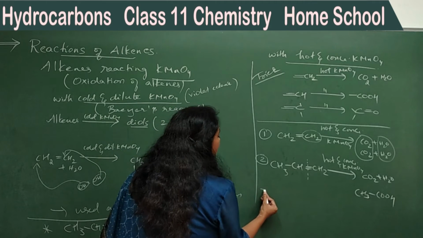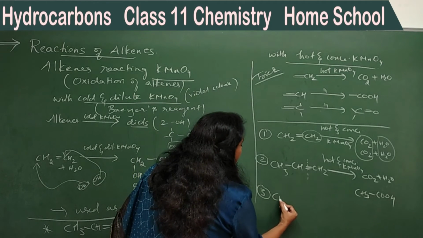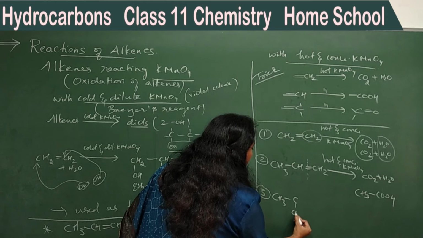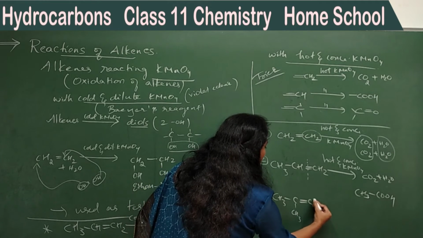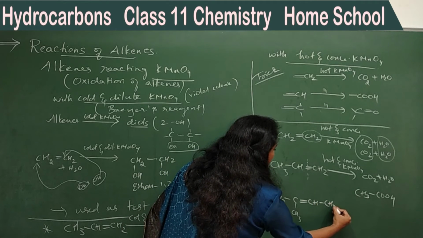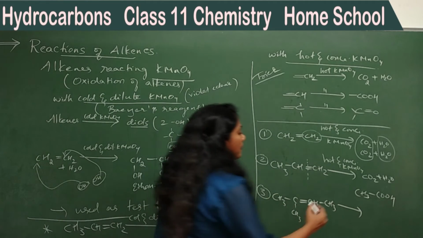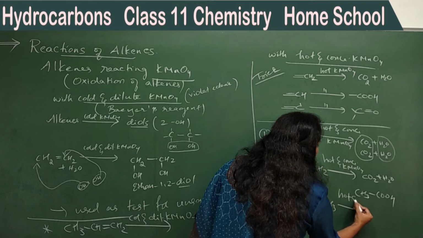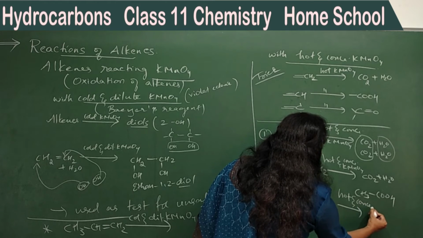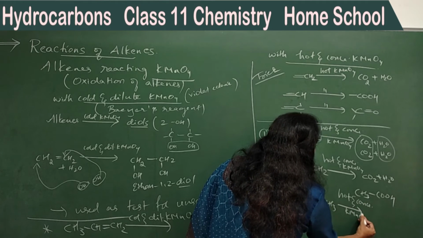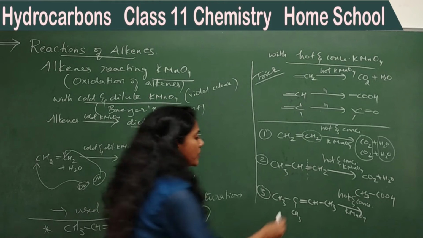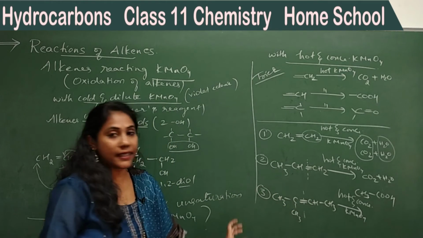Let me take the third example. Suppose this is an alkene you have, with CH3 groups, and they mention hot and concentrated KMnO₄, right? So what may be the product you can expect? Just break wherever the double bond is and then guess.